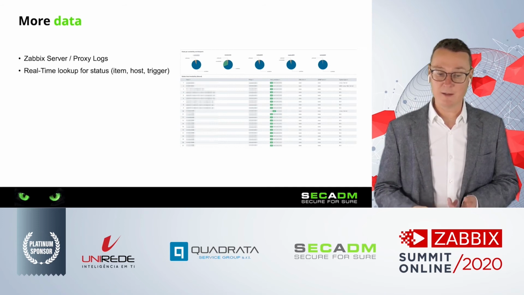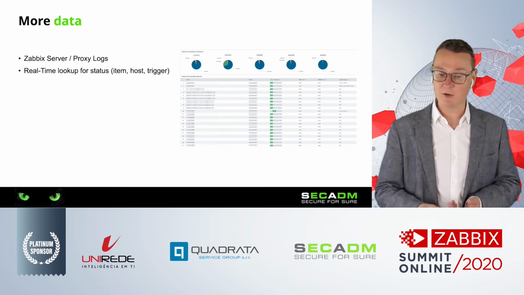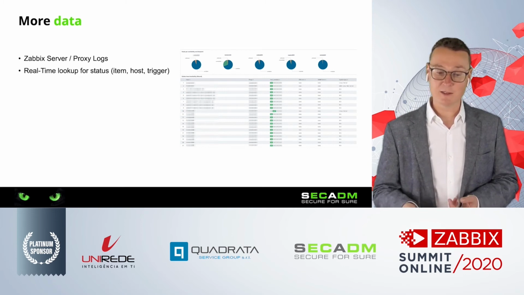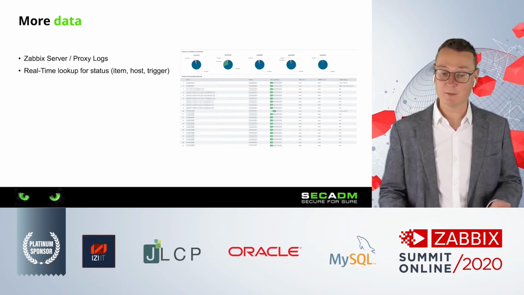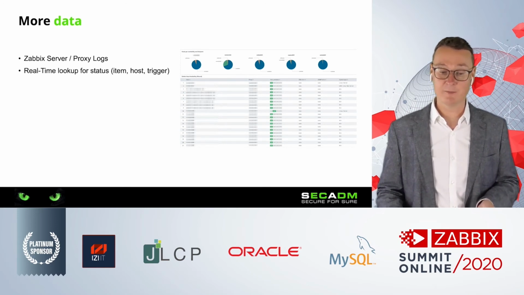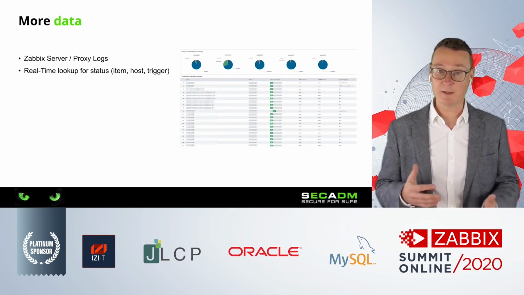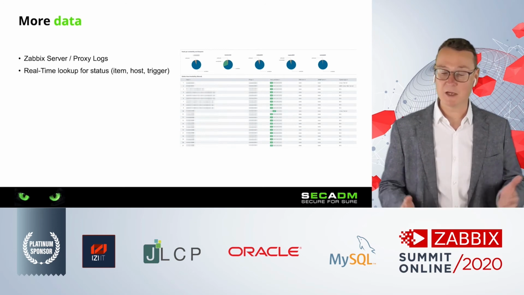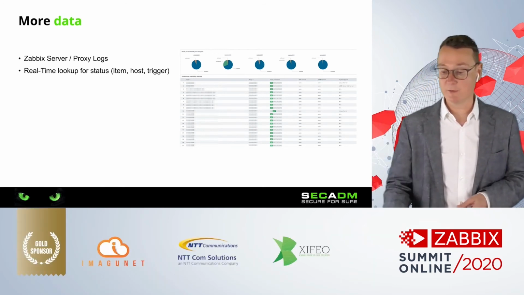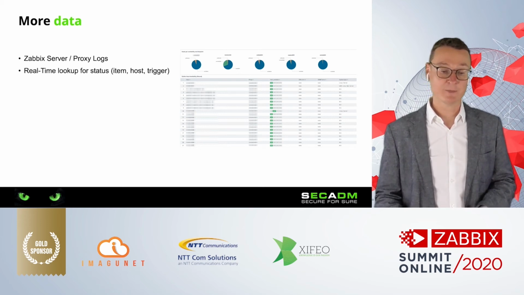So given any list of entities or elements, you can fetch the status information for these items, hosts, triggers, just in real time out of Zabbix. Very useful for any kind of dashboards where you want to see real-time information out of Zabbix.